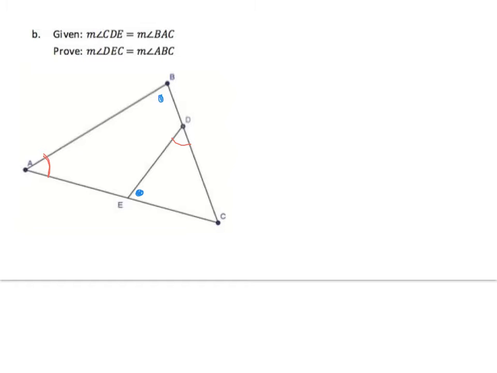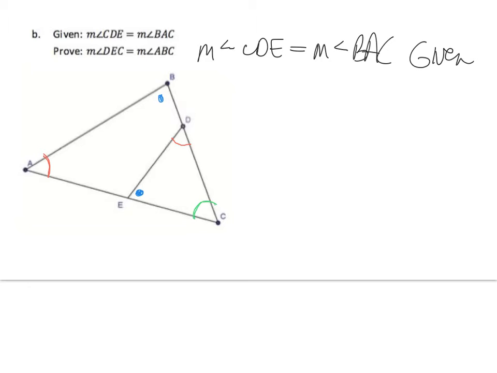So first we write down what's given. The measure of angle CDE is equal to the measure of angle BAC because it's given. We can also say that this angle is part of both triangles, so we can say that they are congruent.